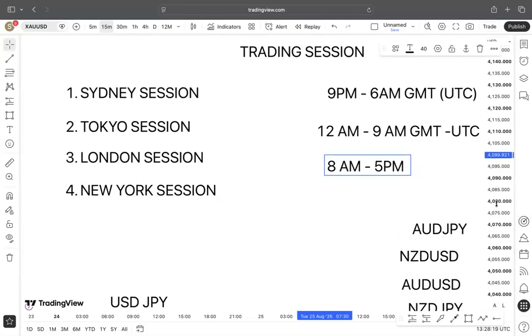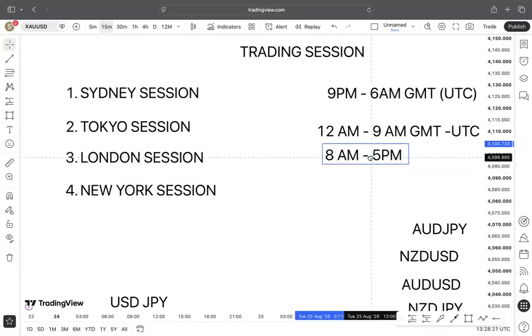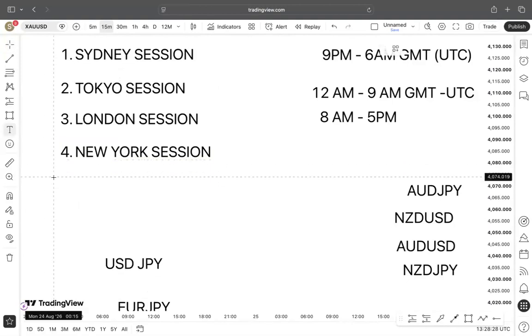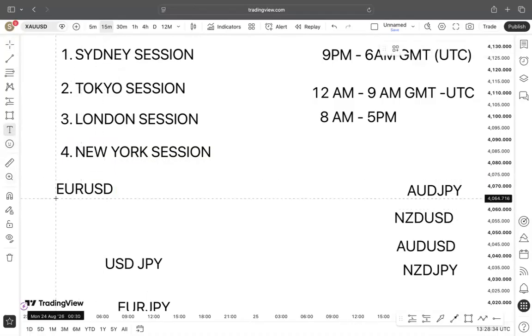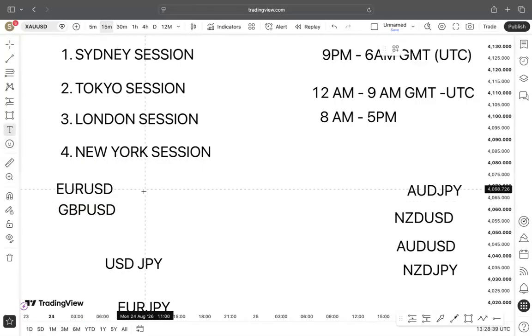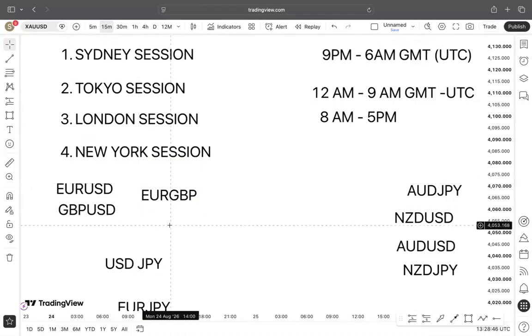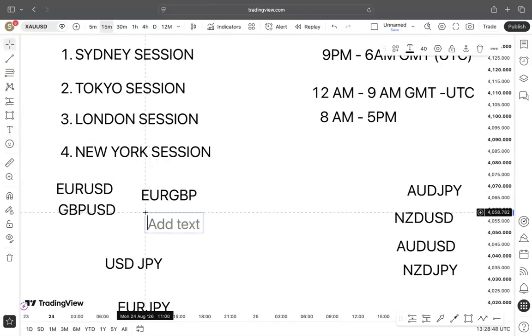And pairs that are active in this period include the Euro USD, GBP USD, the Euro GBP, and then GBP JPY.